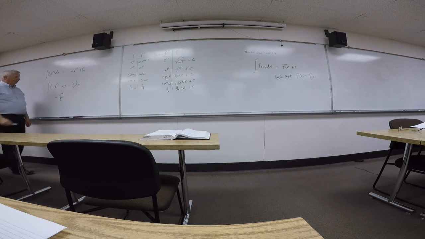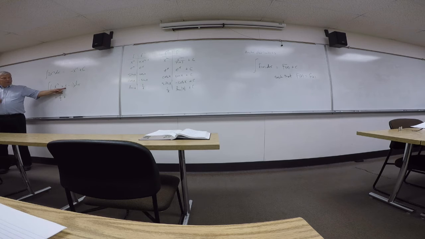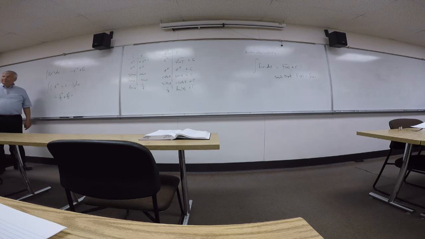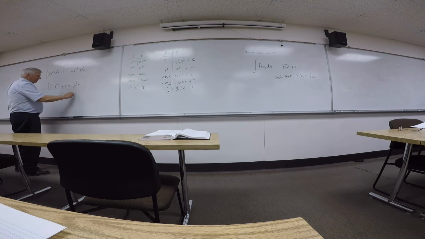What's the second term? What's the rule say over there on the right? X to the n becomes x to the n plus 1 over n plus 1. So n plus 1 gives me 2. And what is the antiderivative of negative 1? X plus c.